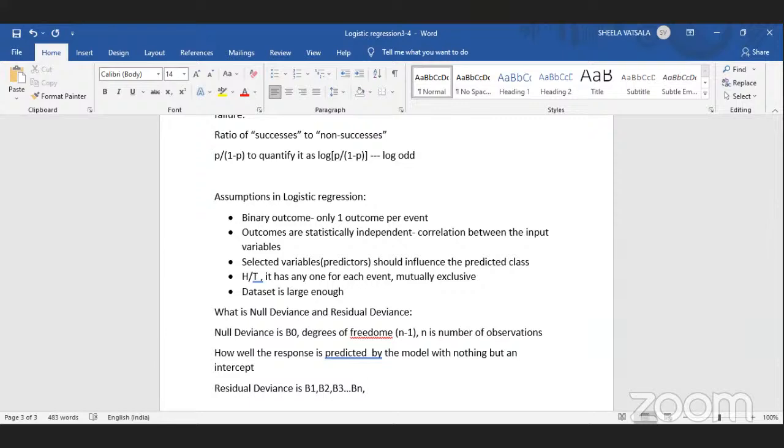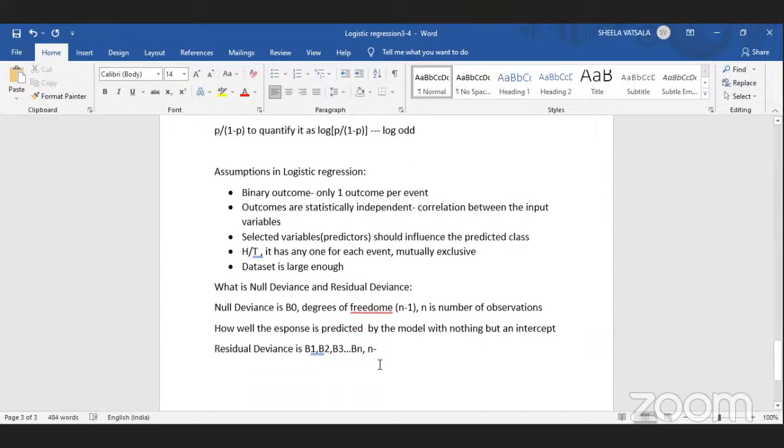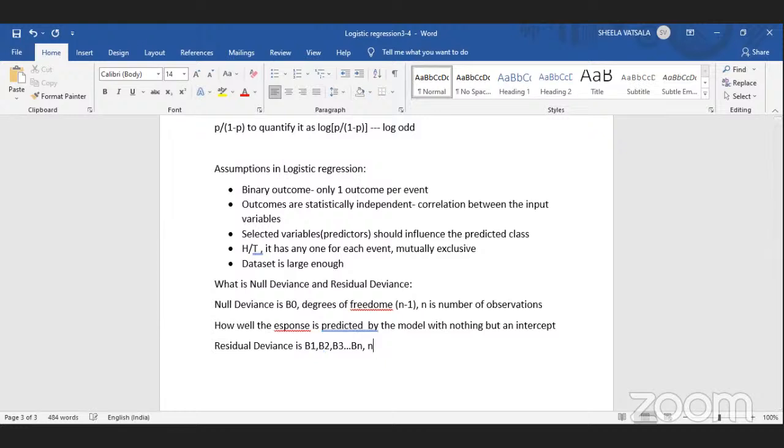We have n minus the number of Bn, meaning how many variables are added to it. For example, if you have 5 predictors added to your model, then n minus 5. Okay, this is how the degrees of freedom are calculated.